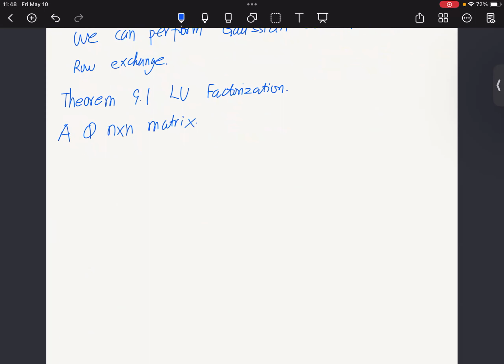And also, I will tell you the definition of this second criterion next time, but it says that the leading principal submatrices A1 through AN are all non-singular.